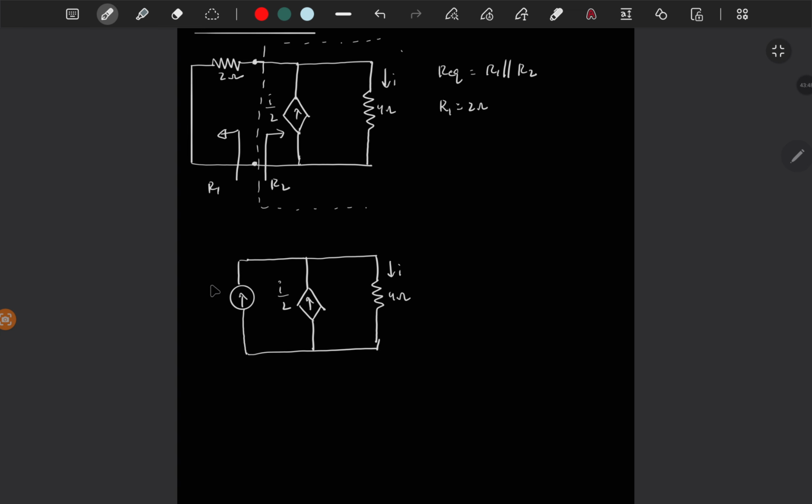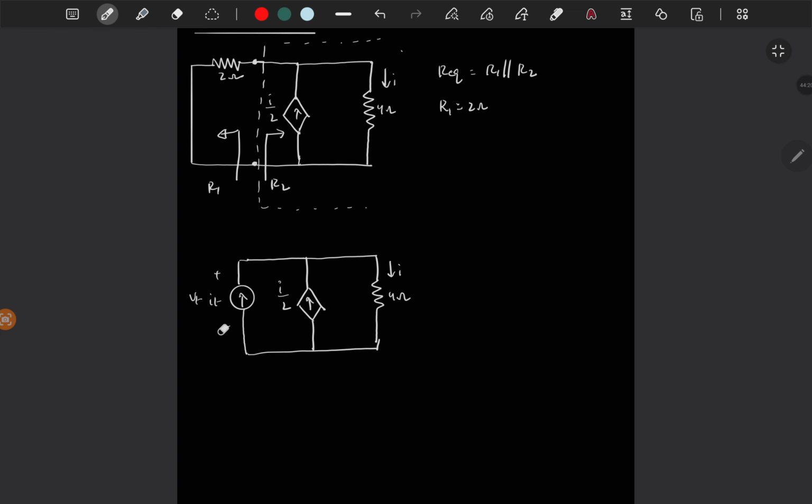Also, if you pump some test current source, let's say this is It, then if you find the voltage across the current source, then if you find Vt by It, you will get R equivalent. So here R equivalent is Vt by It, right? So assume if It is equal to 1 amp, if you pump 1 amp current source, then directly we will get R equivalent as Vt.